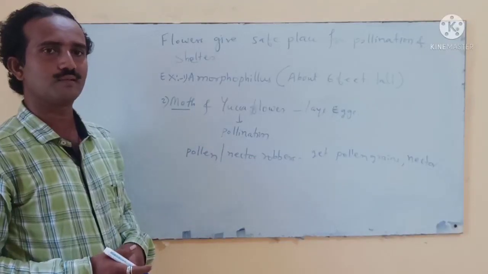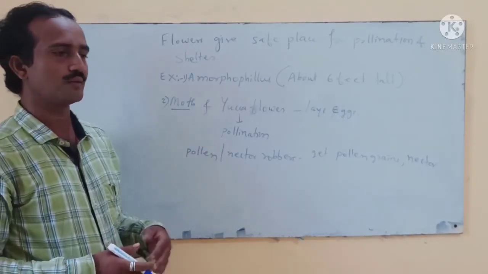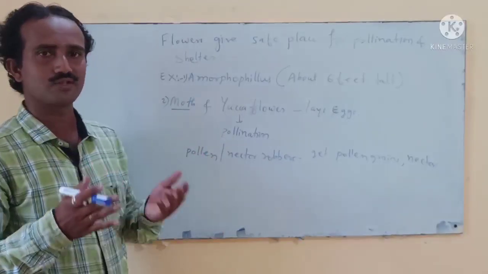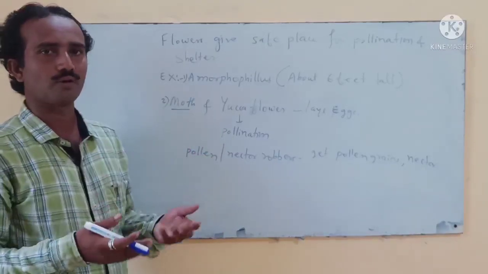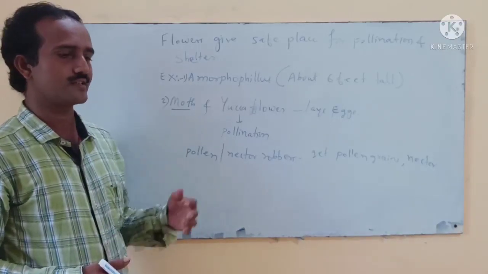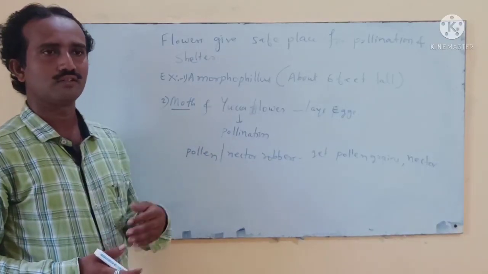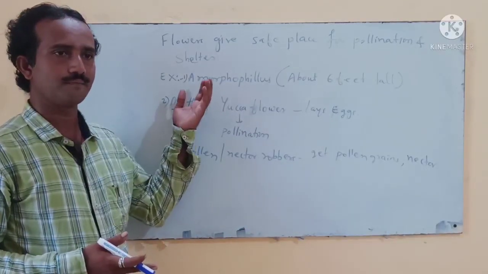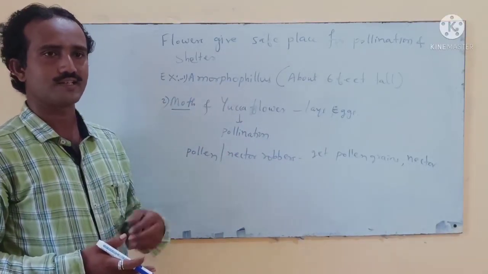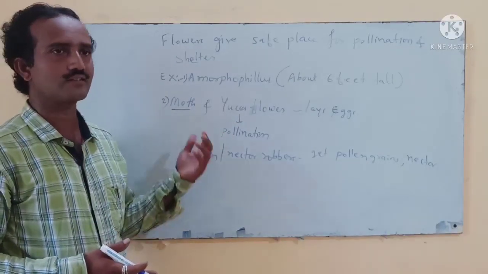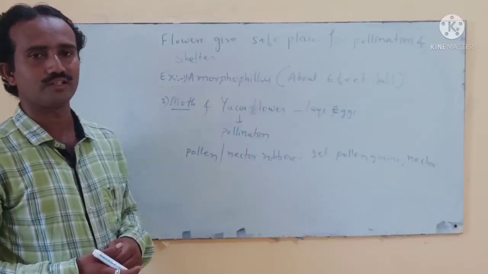Then we discussed the biotic agents. What are the biotic agents? Special types of animals utilized for pollination. They have different types of pollinators, that is zoophily, entomophily, ornithophily, chiropterophily. Like that, there are different types of pollinators.